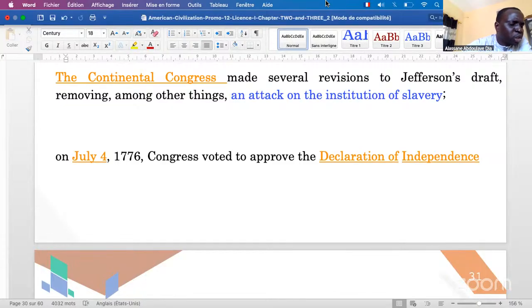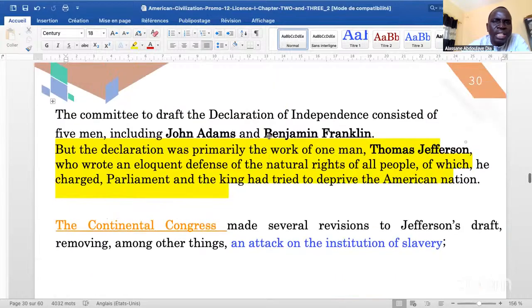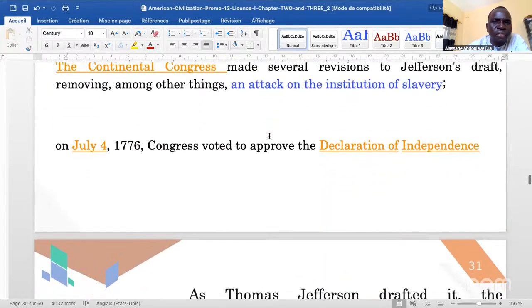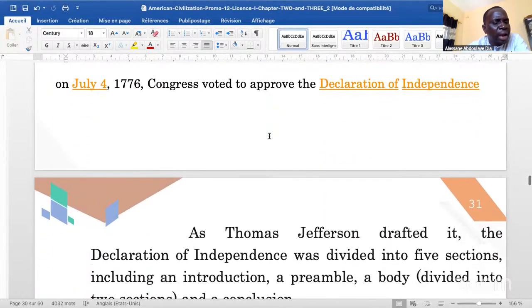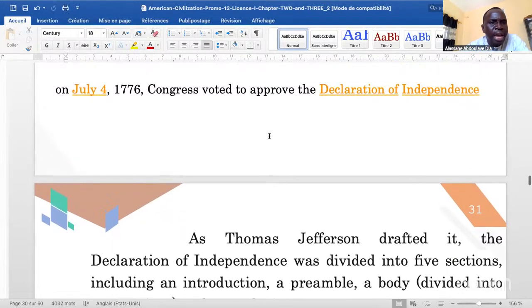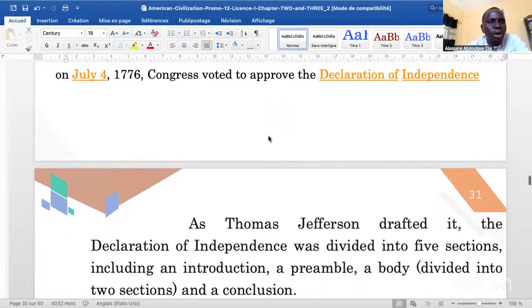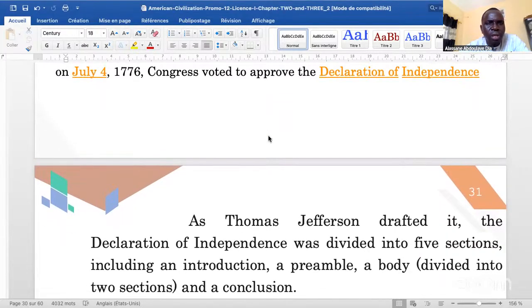All these people contributed, they played a role, but understand that Thomas Jefferson is the main author of the Declaration of Independence. And when Thomas Jefferson finished, he submitted the document and people started to discuss. Okay, they made some modifications. And on July the 4th, Congress voted to approve the Declaration of Independence.